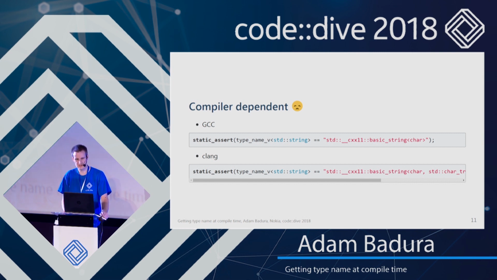Here you can see that again, GCC and Clang differ even in the simplest thing like what's the name of the string. No need to mention that Visual C++, of course, uses different names as well. And the more complex the type is, the more the differences and various syntax flavors for how the particular compiler likes to name types.